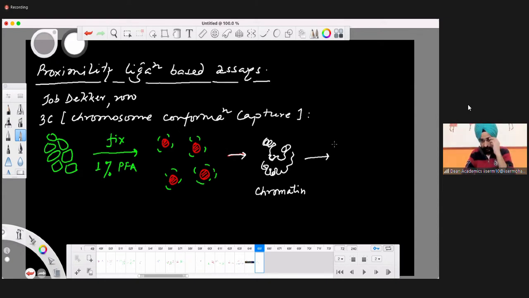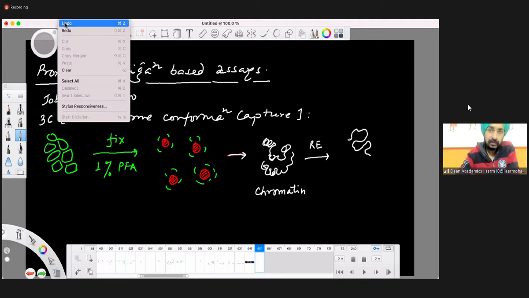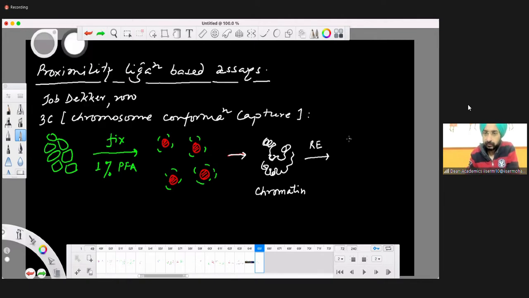You add your restriction enzyme, and this will lead to complexes like that, where you have protein complexes sitting in between, right?